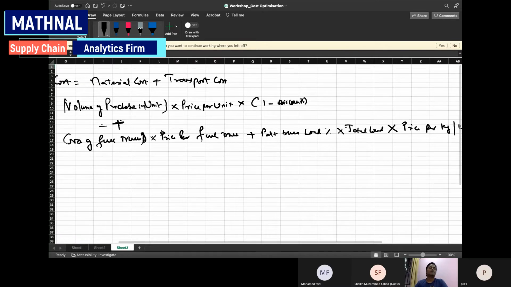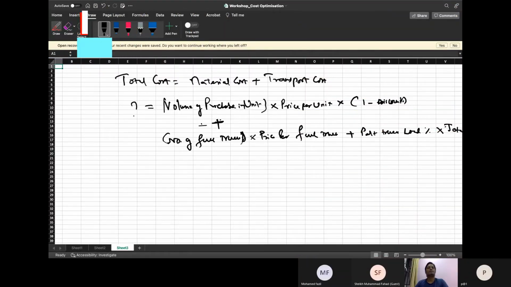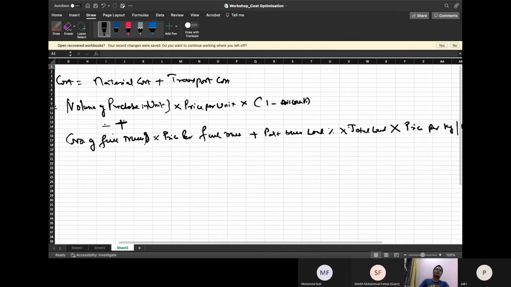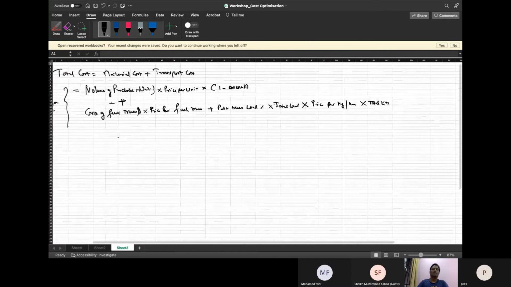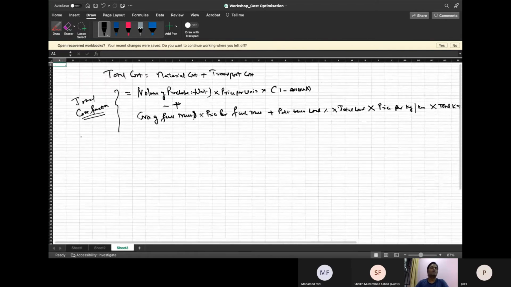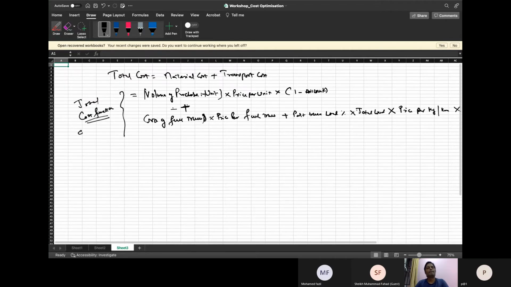This is our function, called the total cost function. We are going to use this formula to minimize. This is the objective function, or cost function.